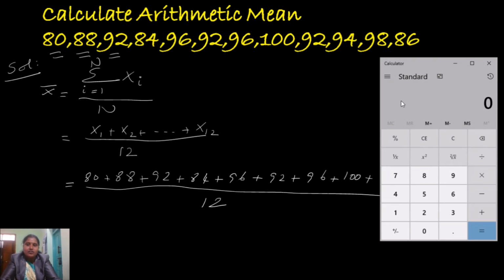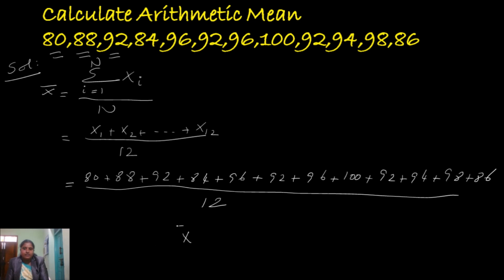Adding all these values, we get 80 plus 88 plus 92 plus 84 plus 96 plus 92 plus 96 plus 100 plus 92 plus 94 plus 98 plus 86. So we get the total of 1098.